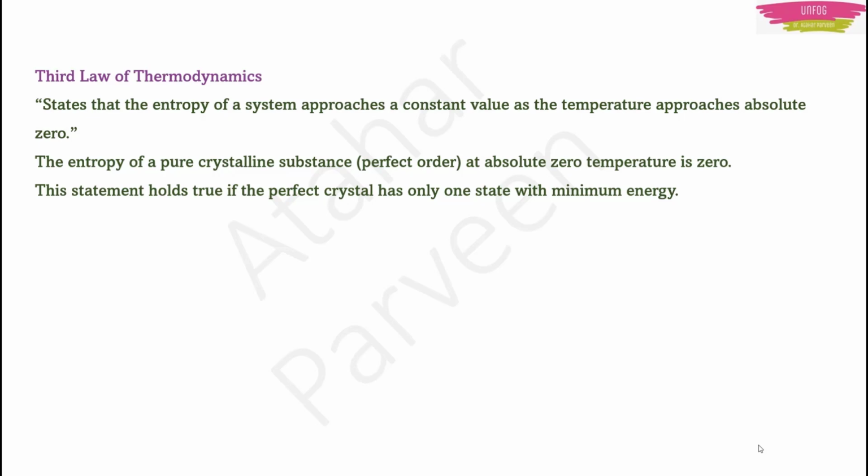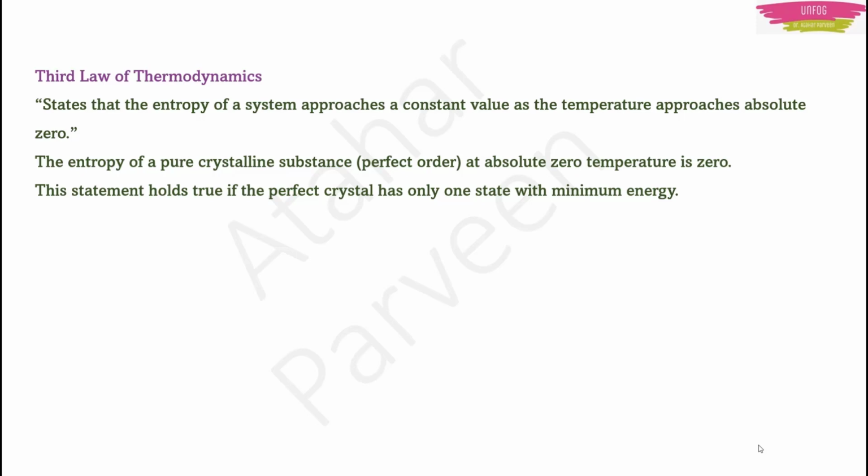Means there is no disorderliness. For example, if you take a crystalline substance, all the things are arranged periodically inside it. That means it is having a perfect order. If this crystalline substance is at absolute zero temperature, then the entropy is zero. That means there is no disturbance in that crystal.